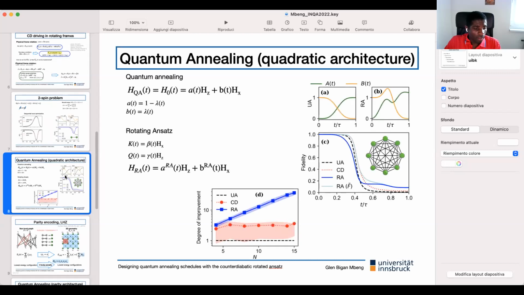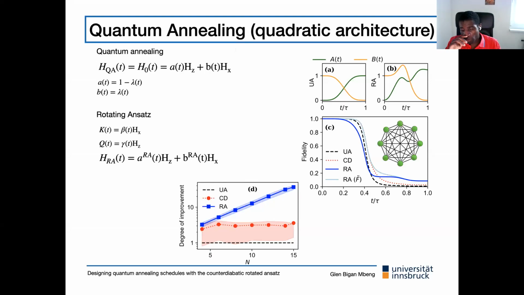Yes. So I consider mainly these two problems, and we show that for these two problems, at least, the action can be computed exactly. In particular, in the usual quantum annealing quadratic architecture, let's say on the usual all-to-all model, computing the action costs n squared, where n is the number of qubits. And similar results hold also for the parity architecture.